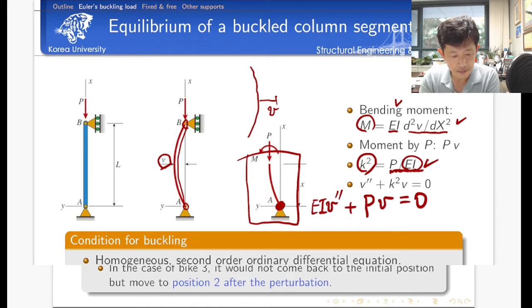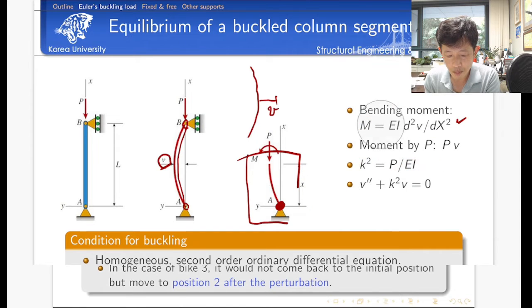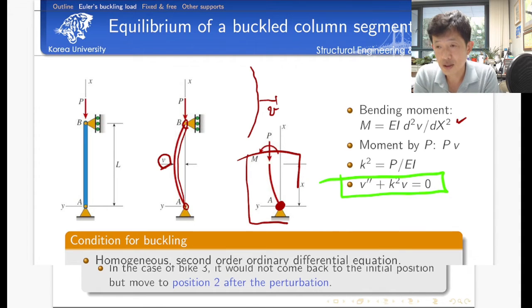Then I have the mathematical equation. Once we have buckling, this governing equation must hold. Which means if we can find any non-trivial solution to this governing equation, then we can say the beam buckles by the compressive load P. You understand? Okay.